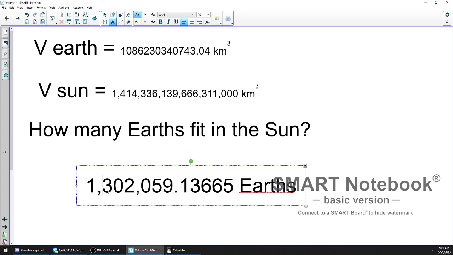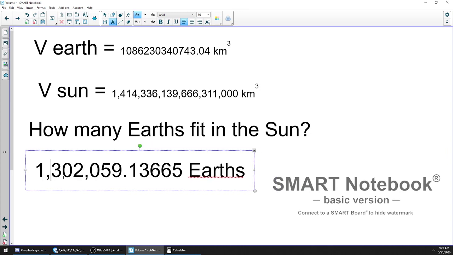So it would take roughly 1,302,059 Earths to fill up the sun. That's how small that Earth is, almost. As big as it is because we're on it, and we're the small ones. Earth is super, super small compared to the sun.